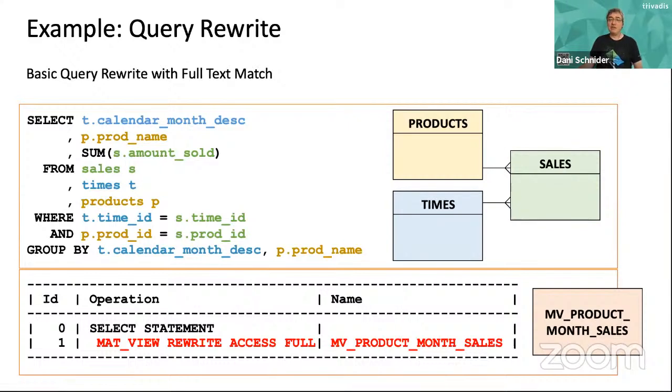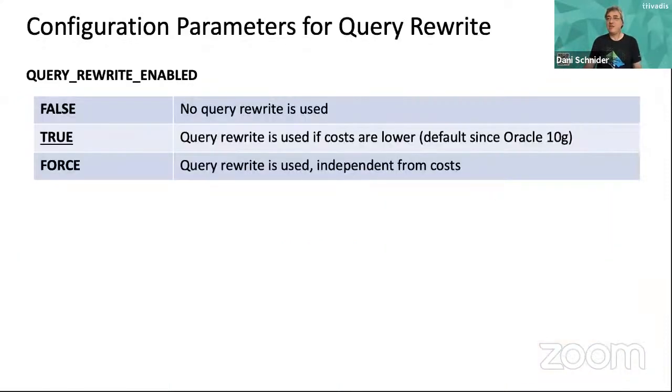This example is the easiest way of query rewrite, called query rewrite with a full text match. That means if the query is identical in the definition of the materialized view and in the query, then it's very easy. But of course, that's not the only way to do it. There are other options, as we will see on the next slide.